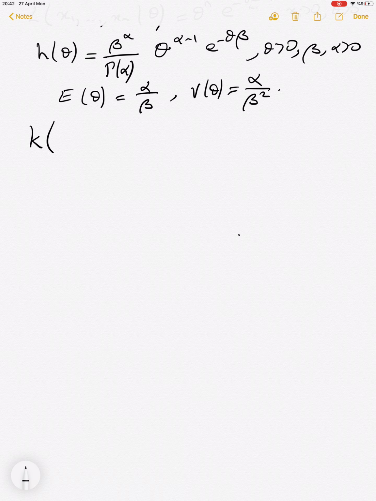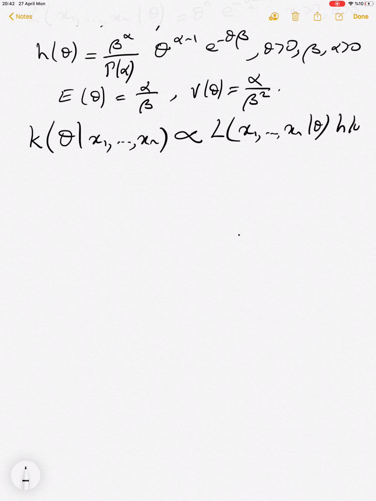So let's say we have this prior and we collect our sample, which is exponentially distributed. After combining this information, our posterior distribution will be proportional to the likelihood function given theta times the prior.